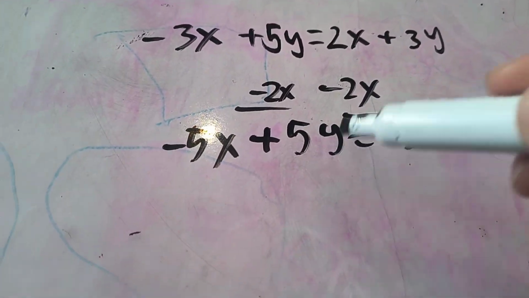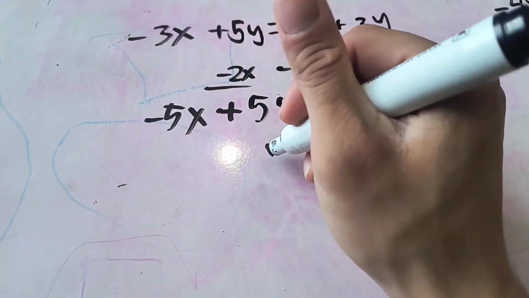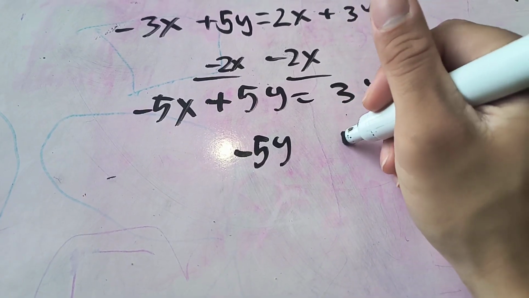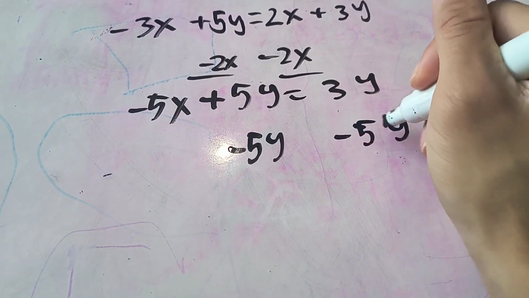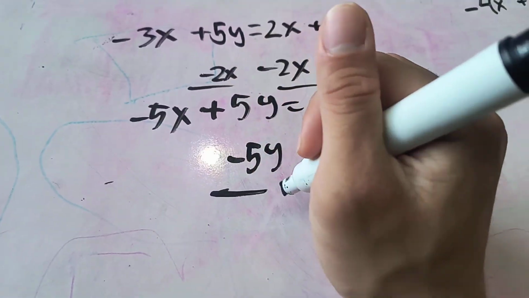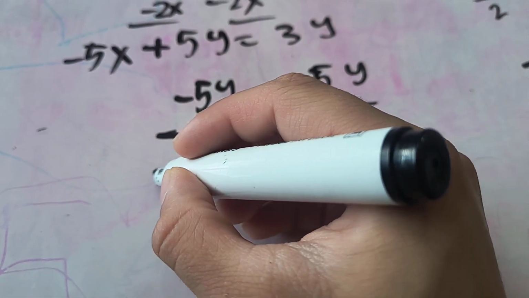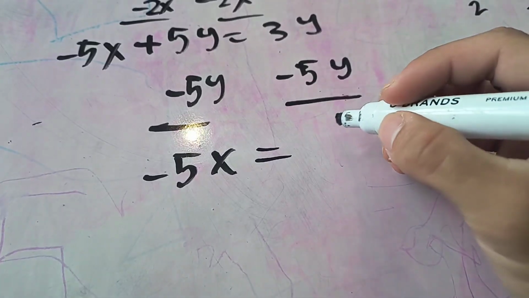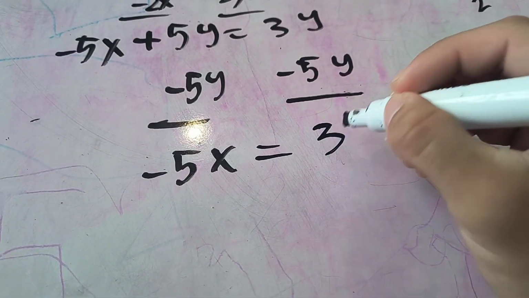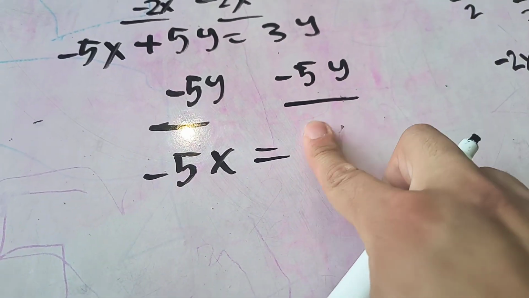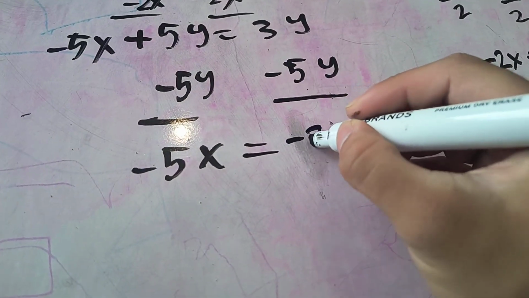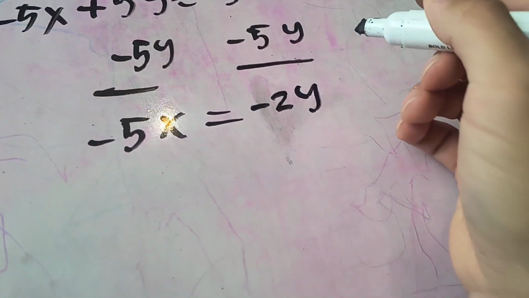And then we can subtract 5y from both sides. And what we get is negative 5x is equal to, not 3y, is equal to negative 2y.